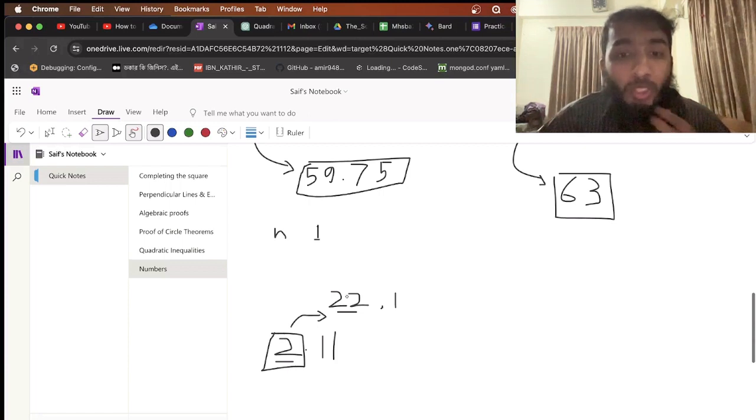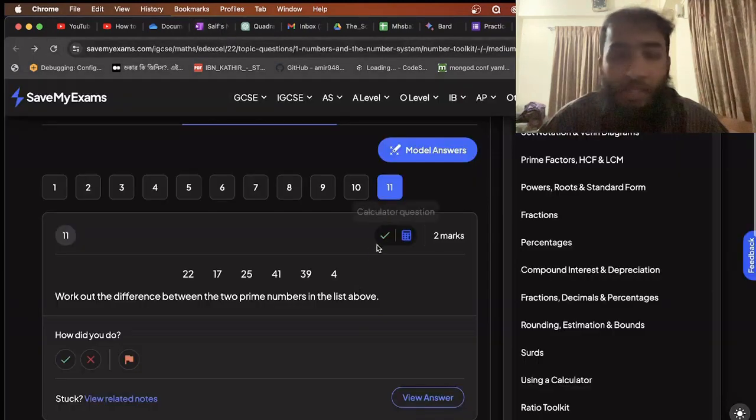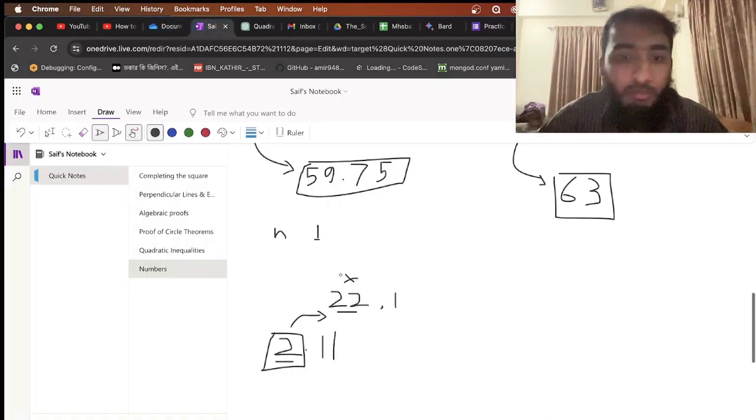So 22 is not a prime number. Let's look at the next number, which is 17. Is 17 a prime number? Yes, 17 is a prime number, because no number other than 1 can divide 17.